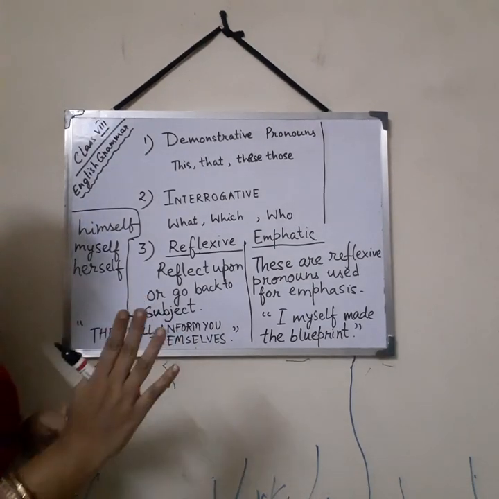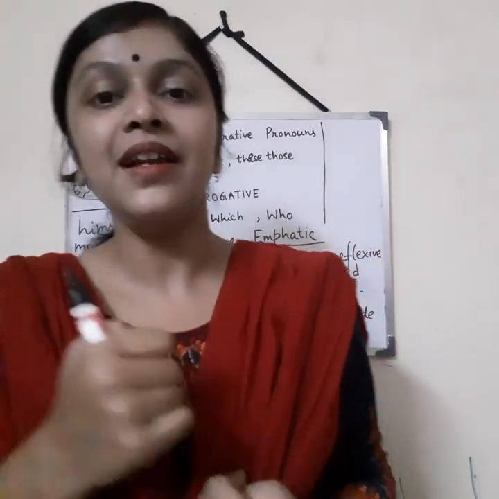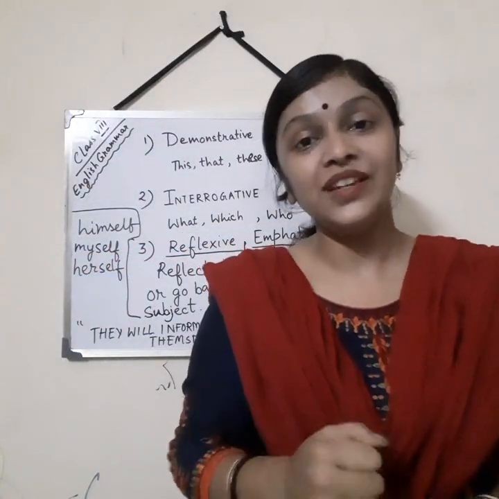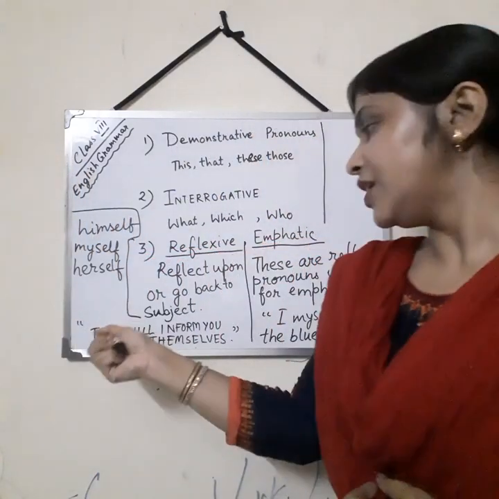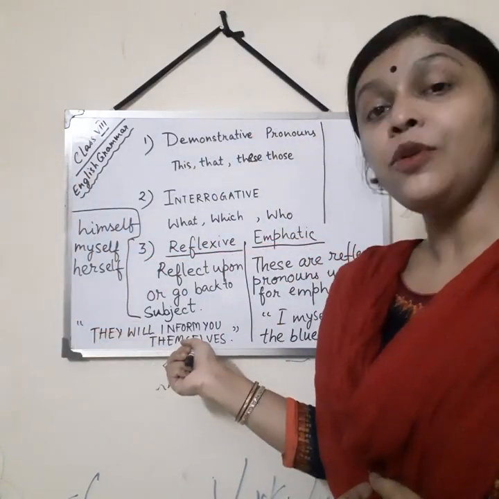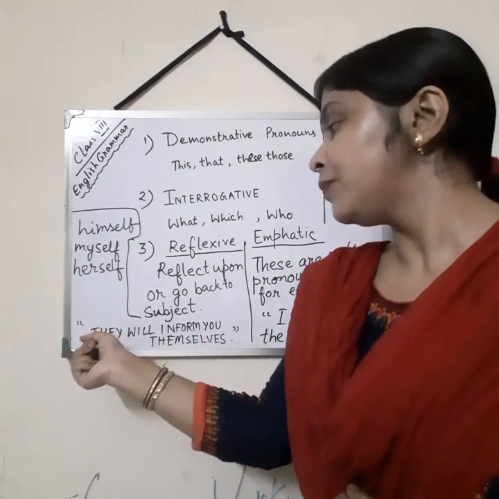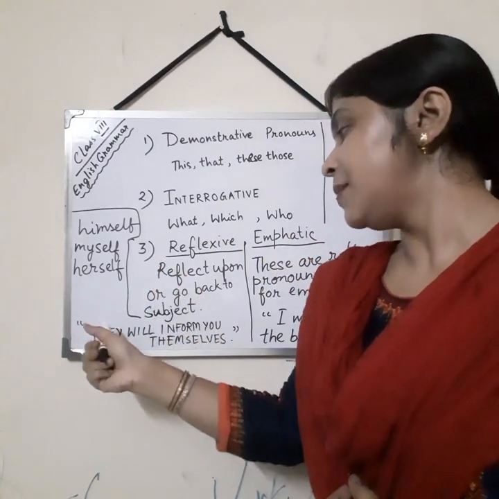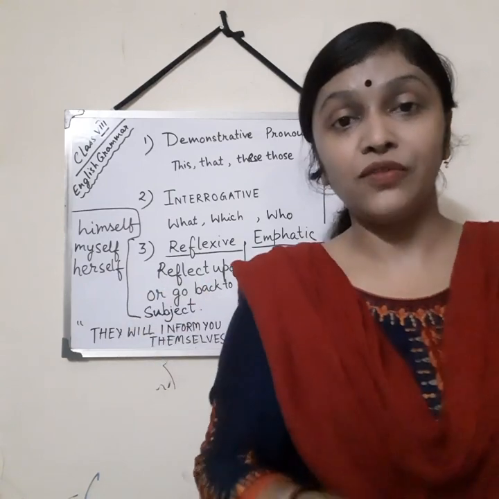Like a mirror. The work of the mirror is to reflect back your image. Similarly, the reflexive pronouns also do the same thing. Their work is to reflect back on the subject. The subject is they and the reflexive pronoun for they is themselves, and it will come back to they. So here the reflexive pronoun is being used to reflect back upon the subject of the sentence.